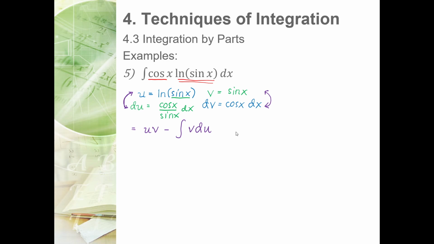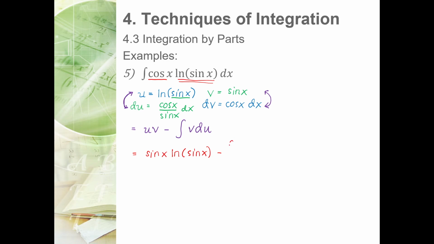So by formula, this is the formula. Starting off with uv, we're going to have sine x. I'll just do it in order. It's weird that the ln is in the first portion and the next term is the trigo function.